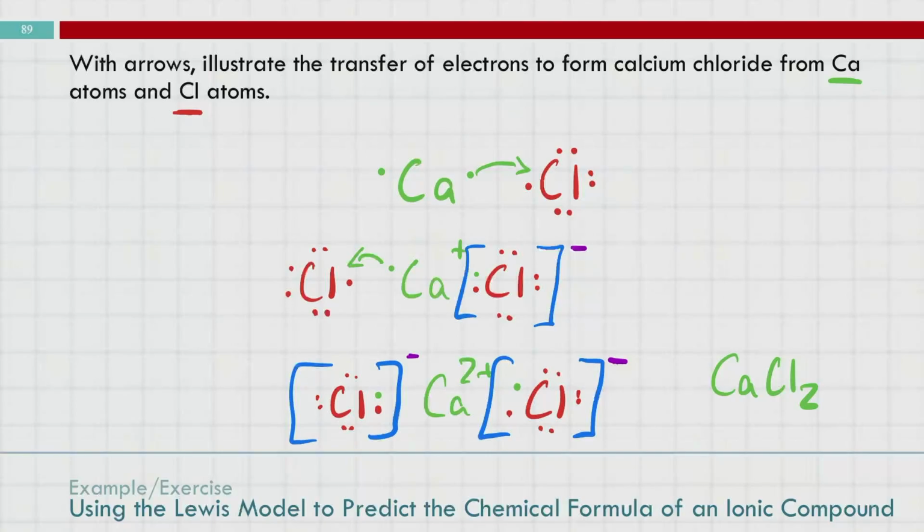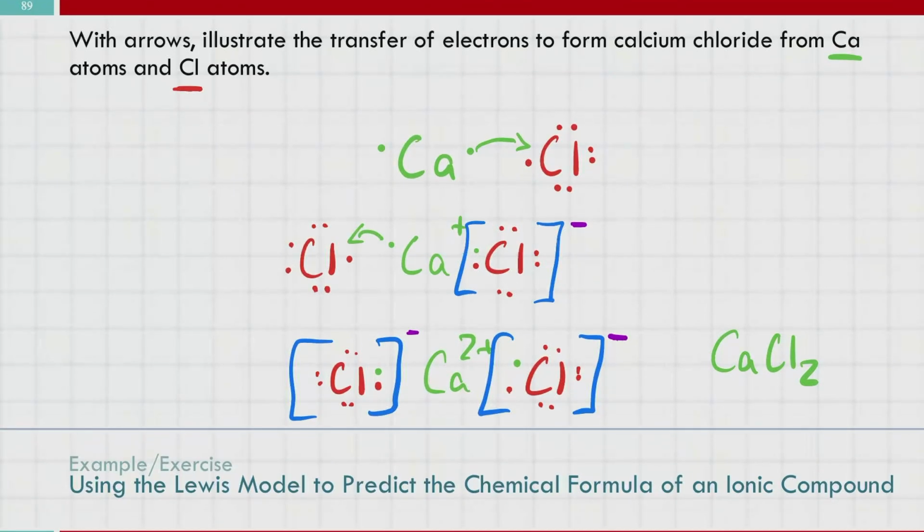Which maybe feels a little bit silly as our method of getting the formula for that ionic compound, because we could have just swapped the charges and we would have gotten it a lot faster with less drawing. But this is showing us that it works with what we've already learned, at the very least.